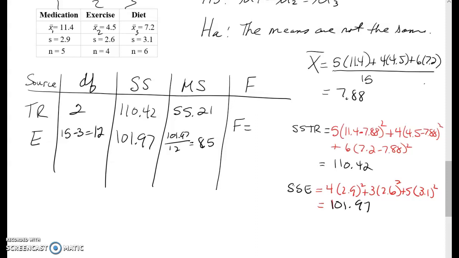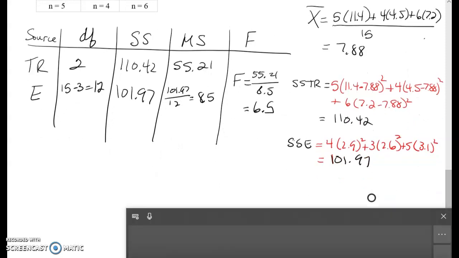So the table kind of flows nicely at this point, because for each of these, you're dividing the sum of squares of the treatment and of the error by degrees of freedom. Then for your F test statistic, you're going to take the numerator of 55.21 divided by 8.5. We get approximately 6.5 for our test statistic.